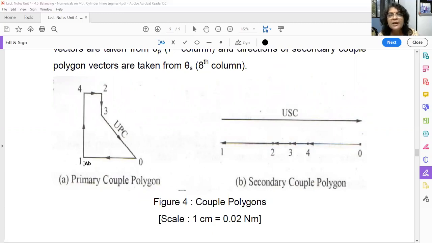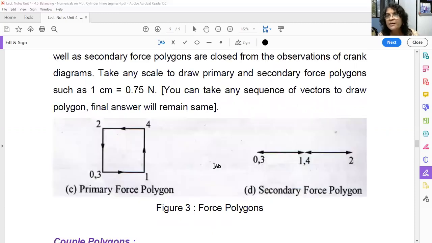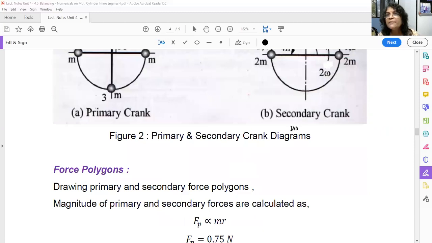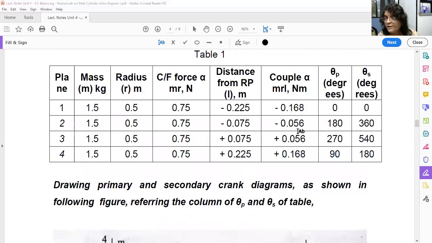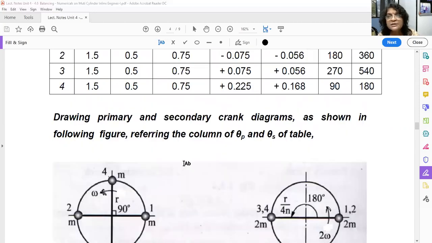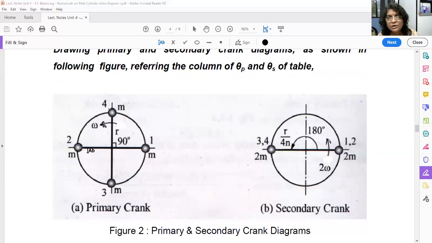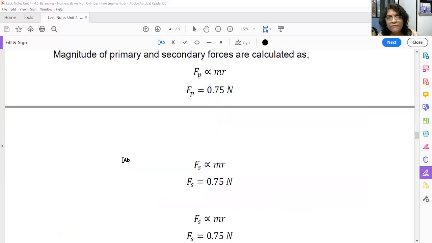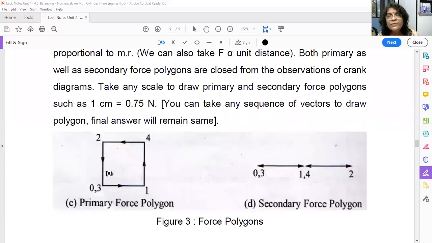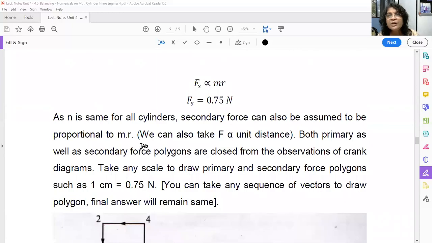Now I am here. Now I am drawing 1 to 2. How has this come? See, magnitude is given from this table. It is minus 0.056. So minus means what? See, where is cylinder number 2?